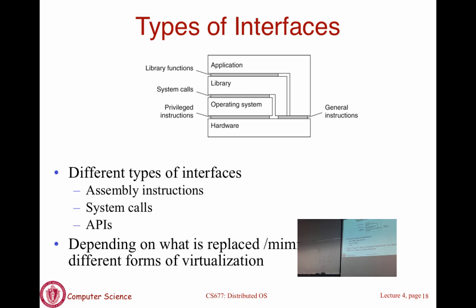Once you write Java code, it doesn't matter whether it's running on a Windows JVM or some other platform, it's going to run the same way, because the JVM is emulating whatever the OS is exposing to it in that environment and exposing a Java virtual machine abstraction. So that's application level virtualization. All of that is being done in a library, or in this case, a JVM. We will come back to this, but that's one level of virtualization you've seen already. But we'll talk more about hardware virtualization. Any questions here?